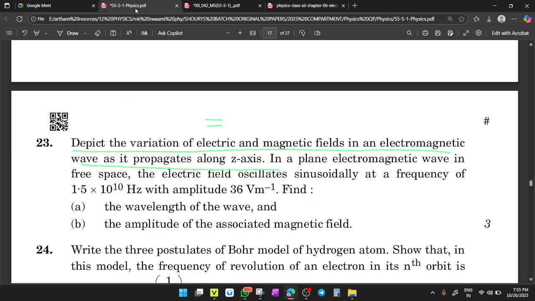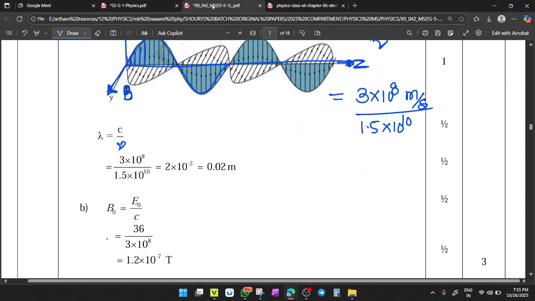So guys, this question can be solved with the formula C equals nu lambda. Whenever any medium is given, you apply v equals nu lambda, or you can also use f in place of nu: v equals f lambda.